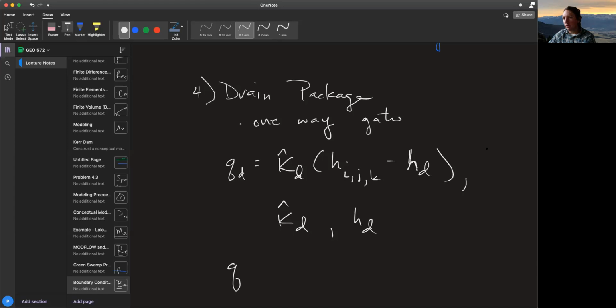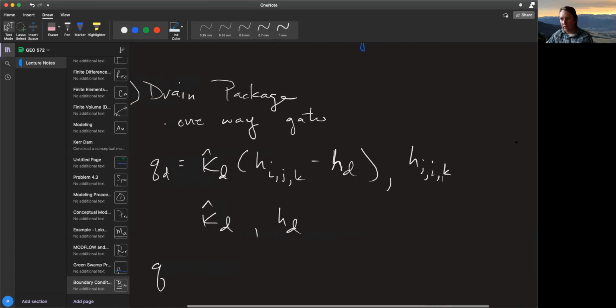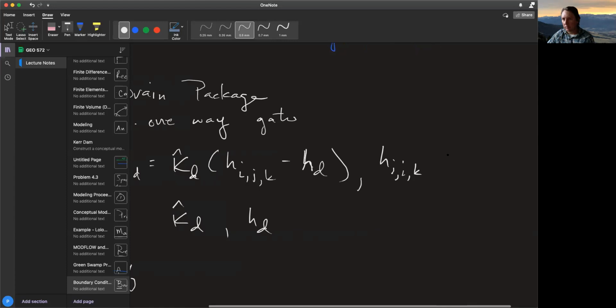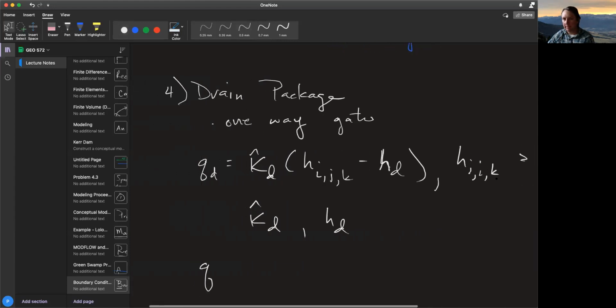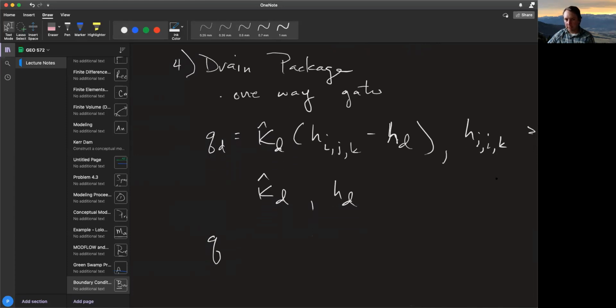This only is true when H i, j, k is greater than HD. If the head in our cell falls beneath HD, then we have no discharge.